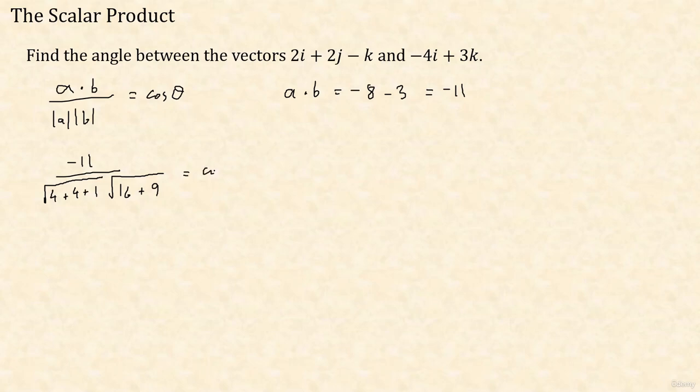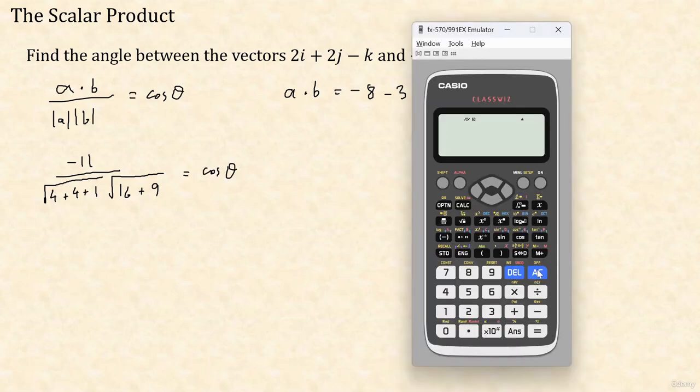And that's cos theta. You can simplify that if you want. So we can work out what we get: minus 11 over the square root of 4 plus 4 plus 1, and here the square root of 16 plus 9. Okay, so here we actually get a rational number, so minus 11 over 15.